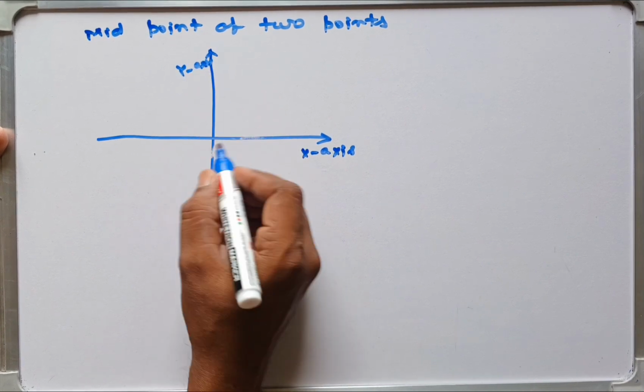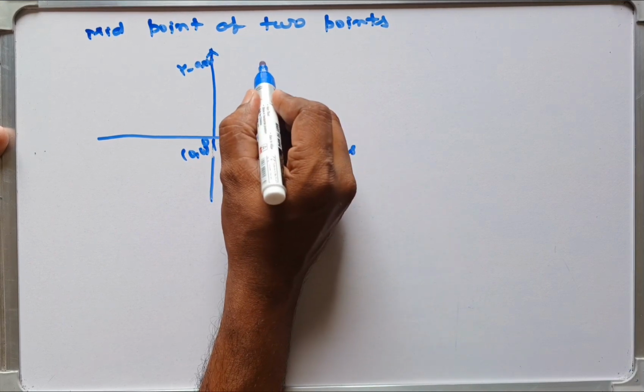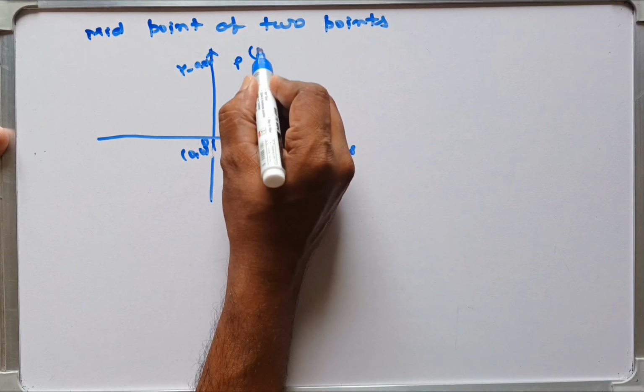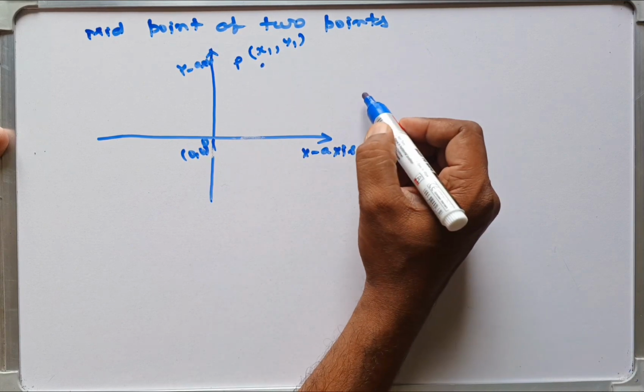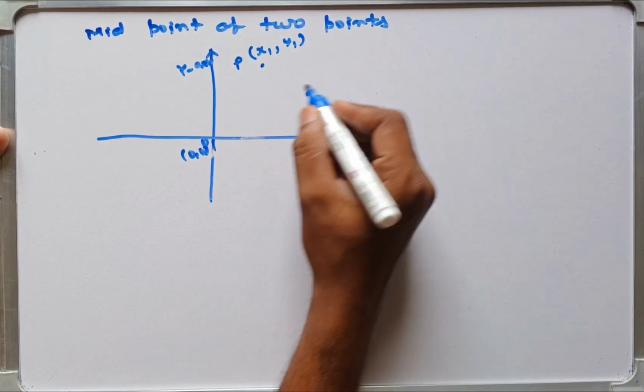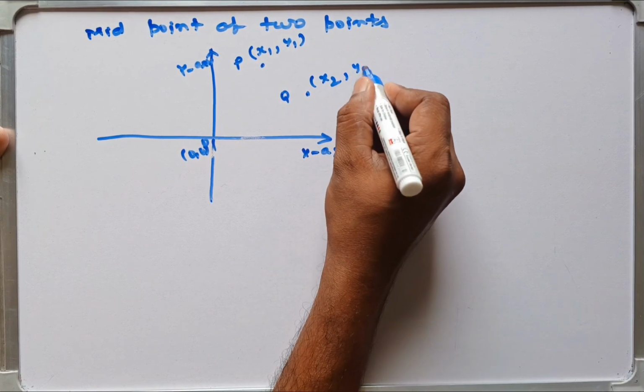Okay, here this one is the origin, say O. Now say point P has coordinates x1 comma y1, and another point, say Q, has coordinates x2 comma y2.